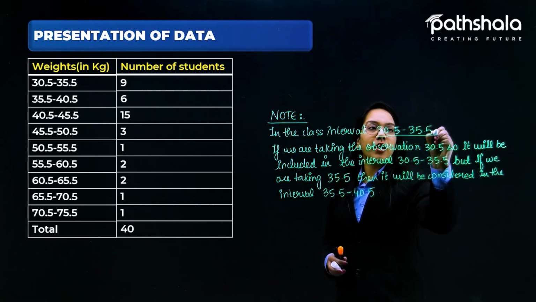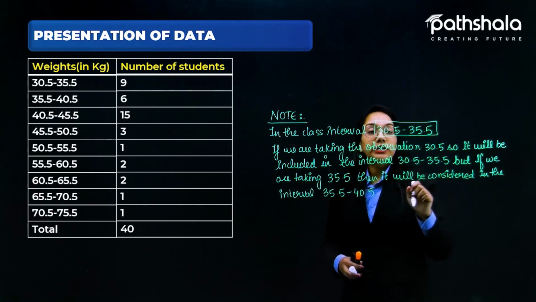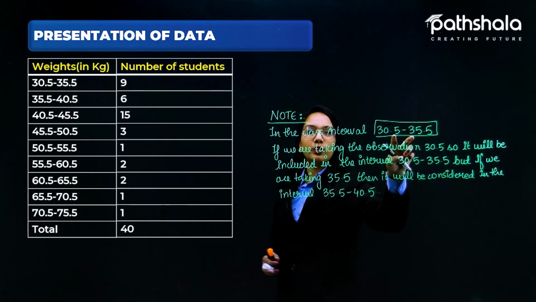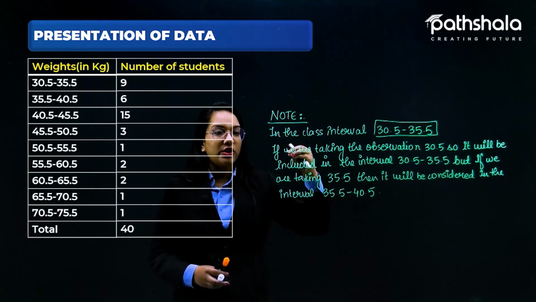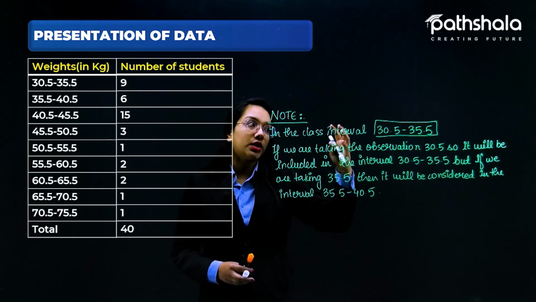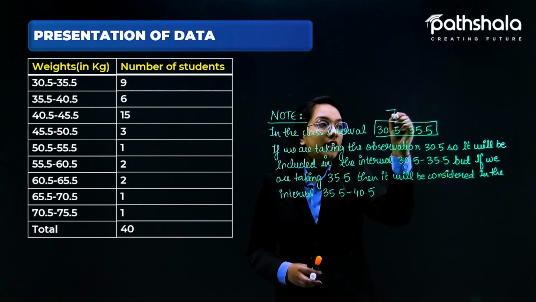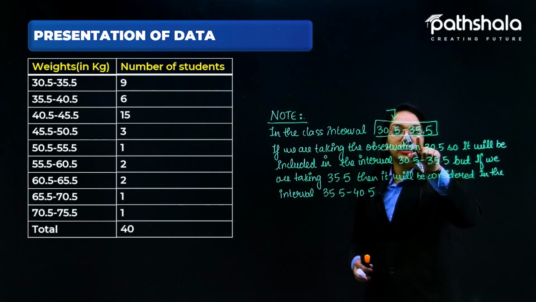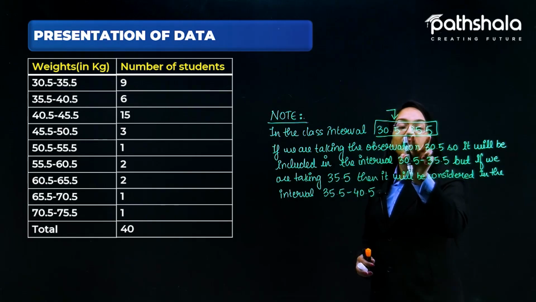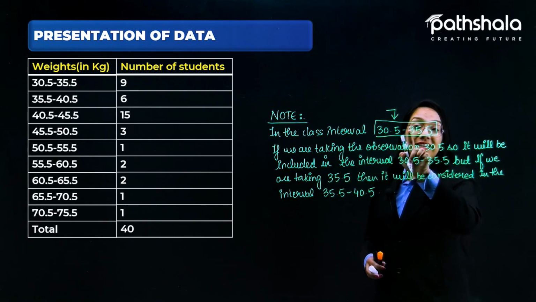Always remember, whenever we talk about 30.5, if I have an observation that is the number 30.5, it will be considered in this interval only. But 35.5 would not be considered in this interval.